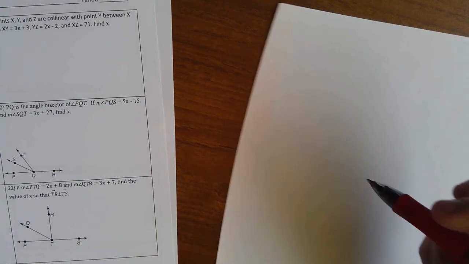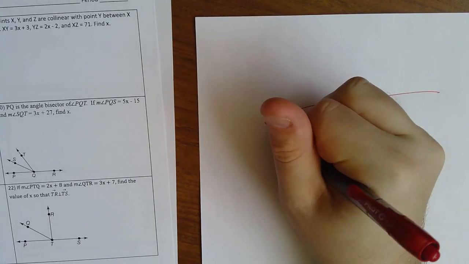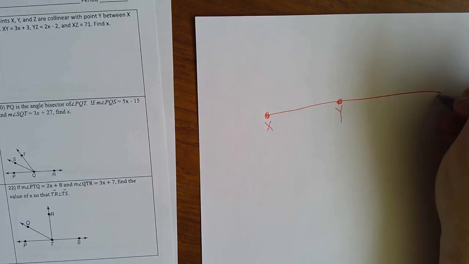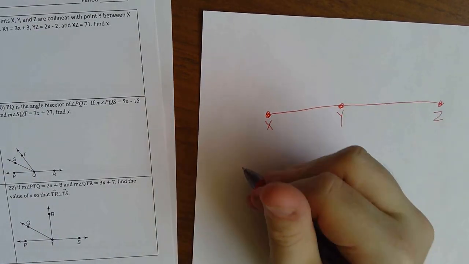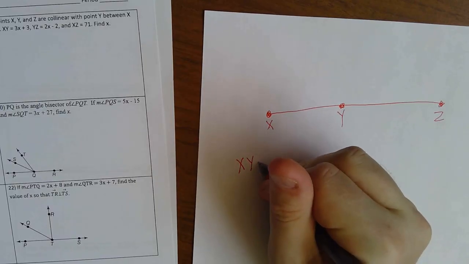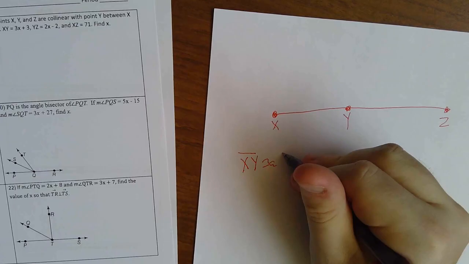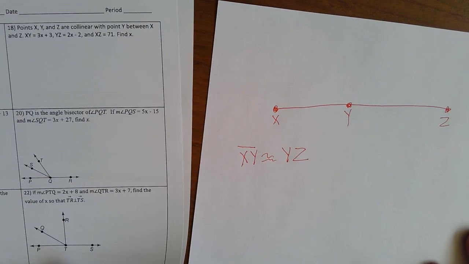So we have this situation, x, y, z. And what we do know, because this is a midpoint, is that xy is congruent to yz. That'll be very important in just a second, okay?